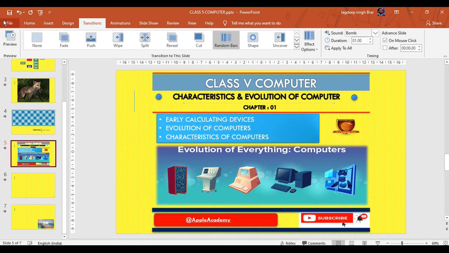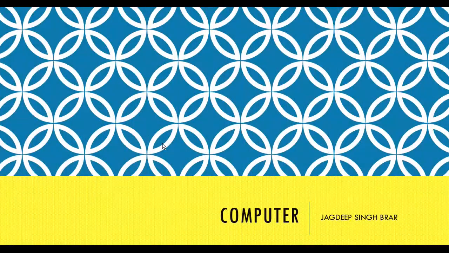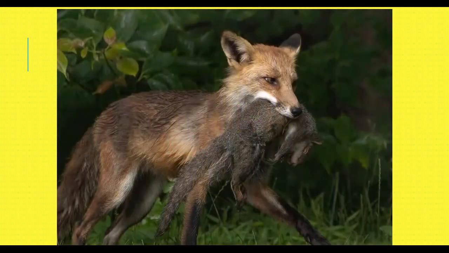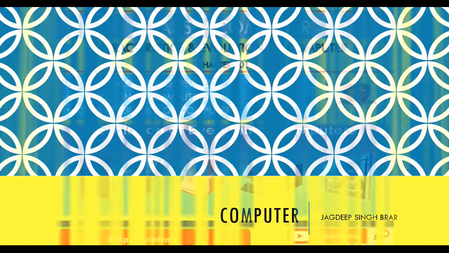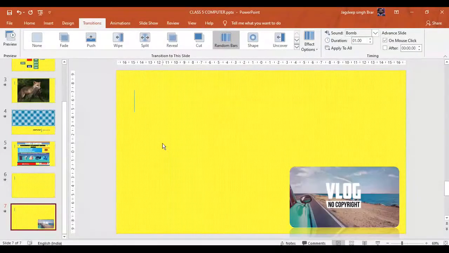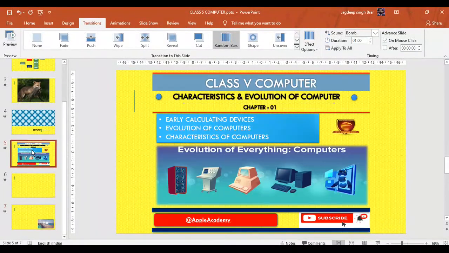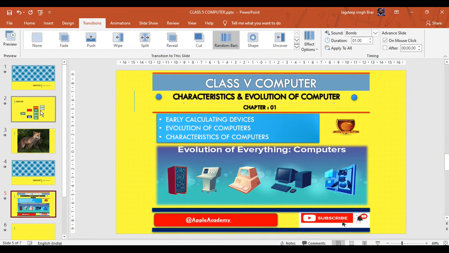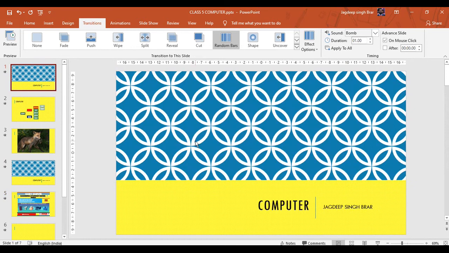Now just play this presentation from the starting point. So when you click with your mouse, you can listen to the sound and also the random bars are there. So this is how one slide goes and then the second one comes. You can also customize different transitions for each slide.